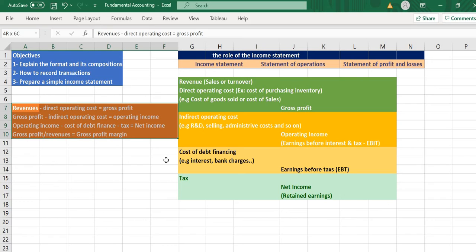I want to make a very quick introduction, and that's why I already set up the necessary formulas here for the company income.